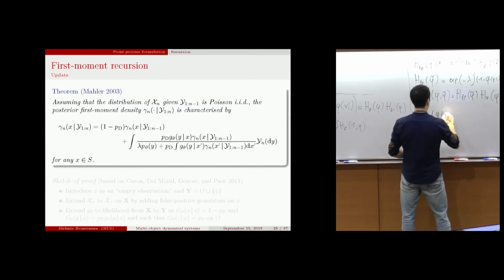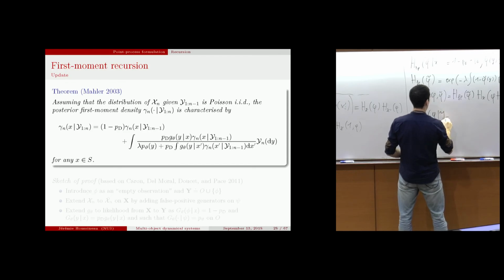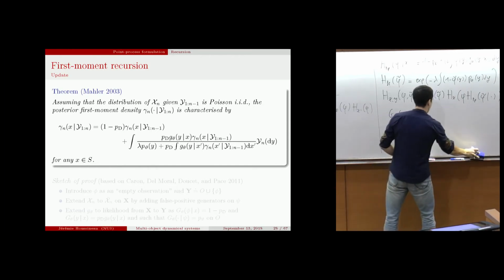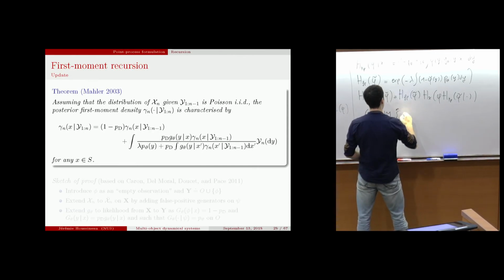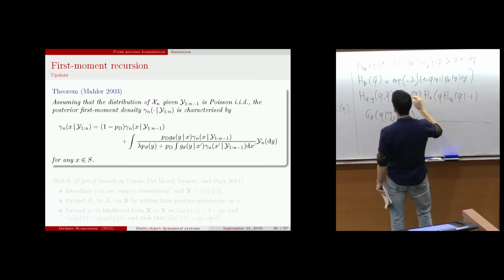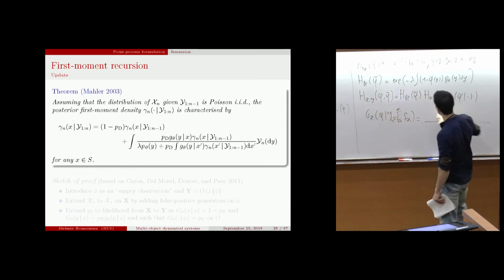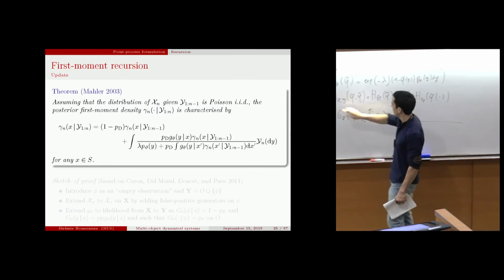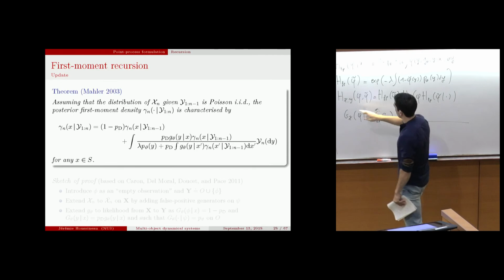Given my observation point process, here I say some realization of it, delta y1 to ym, we still have the standard form of Bayes' rule, but written for this object.